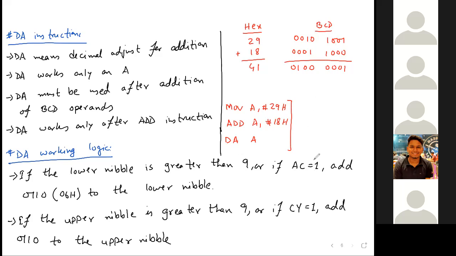When does auxiliary carry become 1? Tell me that. So when there is a carry from the fourth to the fifth bit. Yes, sir. Don't say fourth, fifth bit. Come on. By this time, at least what you said is correct. But how do you start counting?